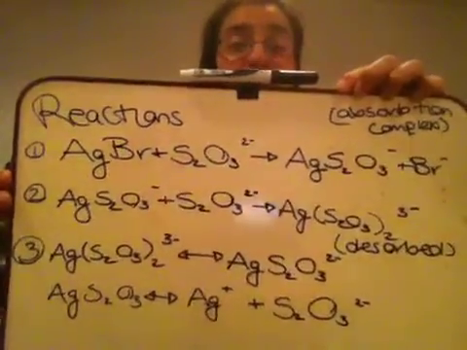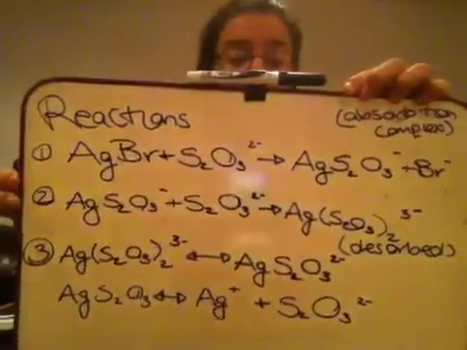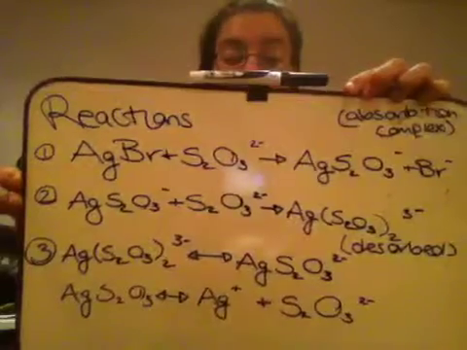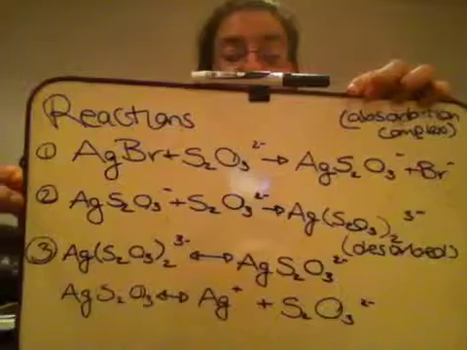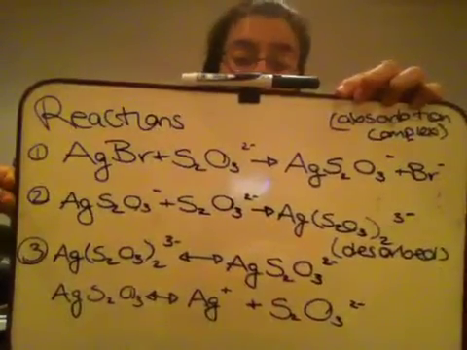And then again, it's reversible, so if you reversed it, it would be AgS2O3 minus becomes Ag plus S2O3 2 minus.